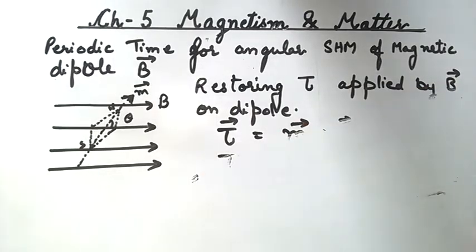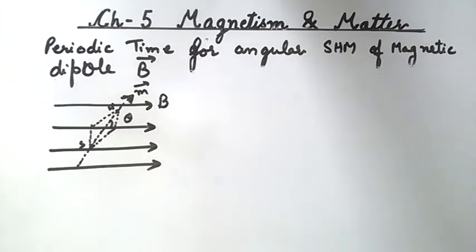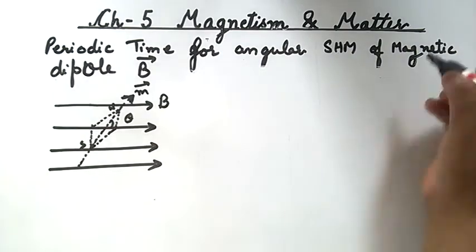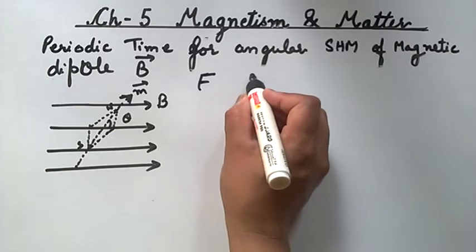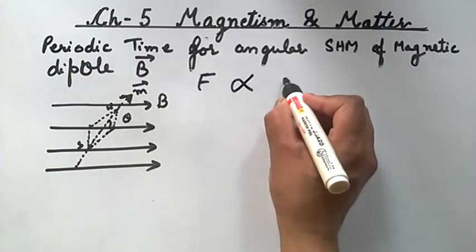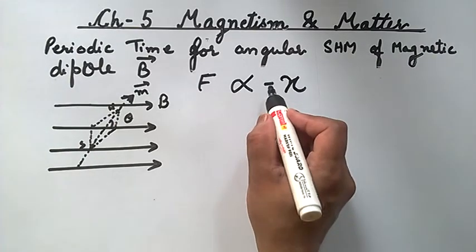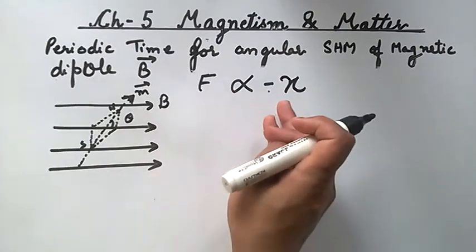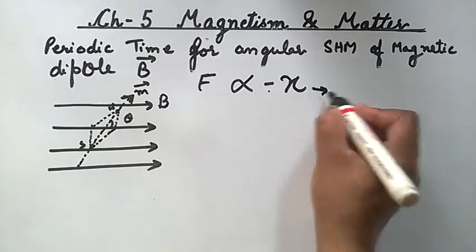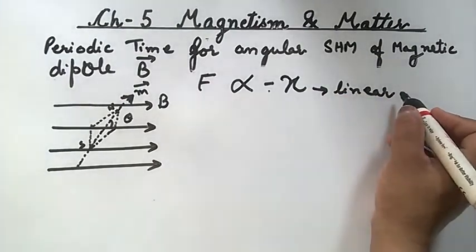Now we have studied that if we apply force on any object, then the restoring force is directly proportional to the linear displacement x, with a negative sign. Here the negative sign shows the restoring force is in the opposite direction to the linear displacement. So here it is linear displacement and the object does linear SHM.